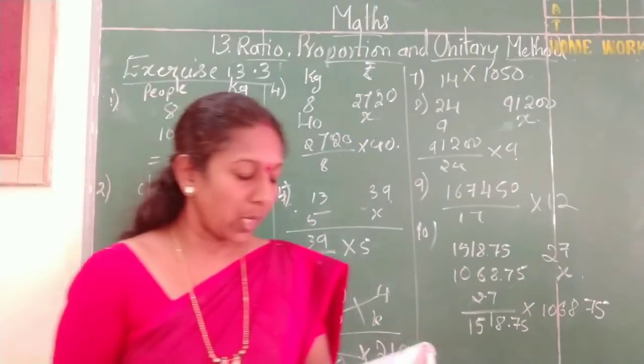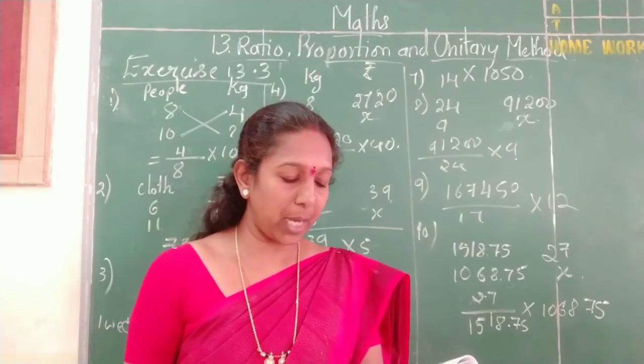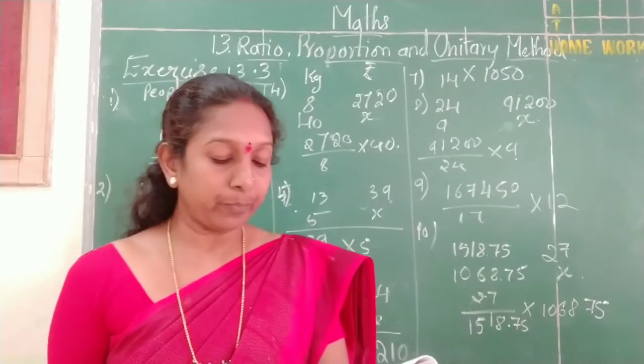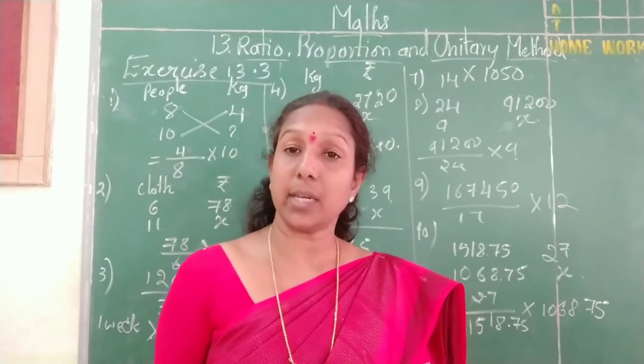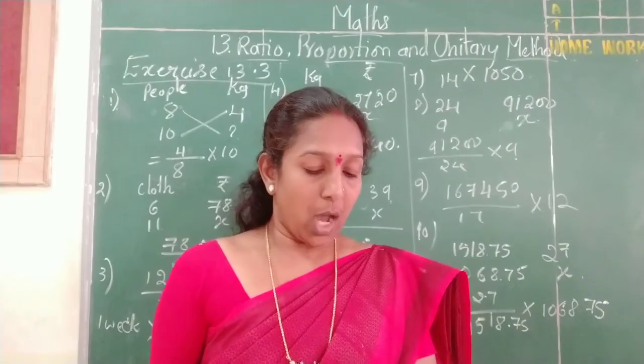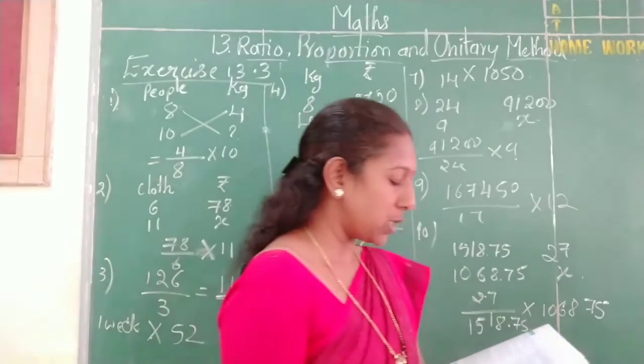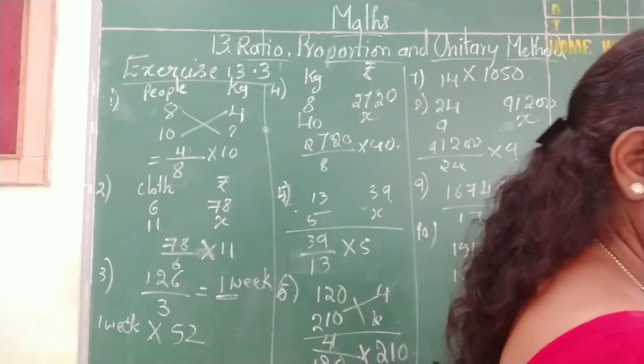11th one. The cost of 75 envelopes is 637 rupees 50 paisa. Find the cost of 23 envelopes. How many such envelopes can be bought for rupees 800 and how much money would be left?